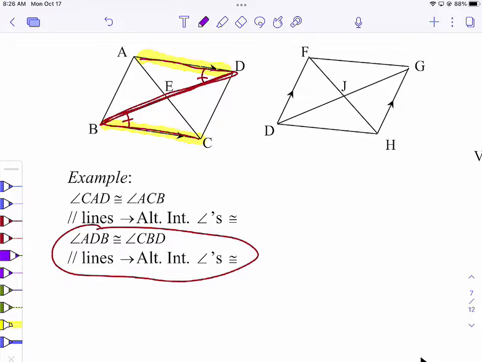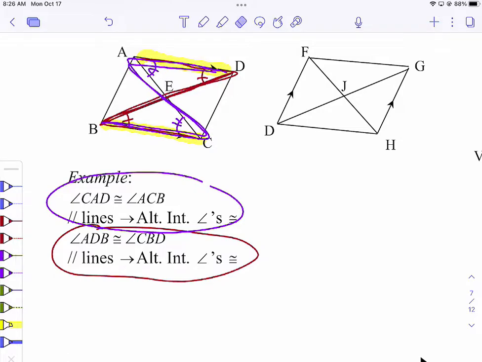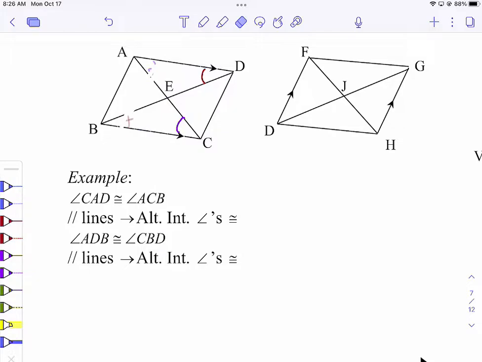Then I said, well, I can also make a Z shape like this. And that's this pair here. I'll mark them differently. That's this pair. Now that one I already did for you. So that was an example problem. Let's leave these marks in here. So these are congruent. And these are congruent. You can put that on your diagram.